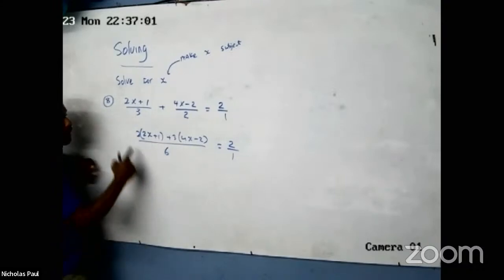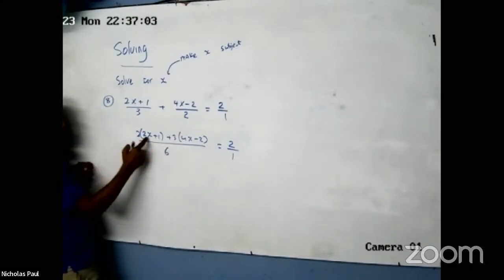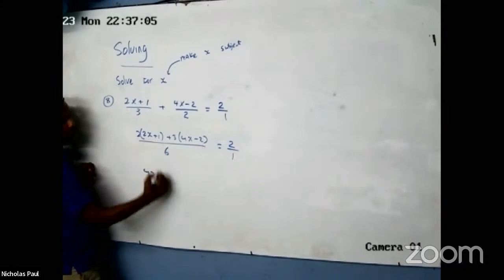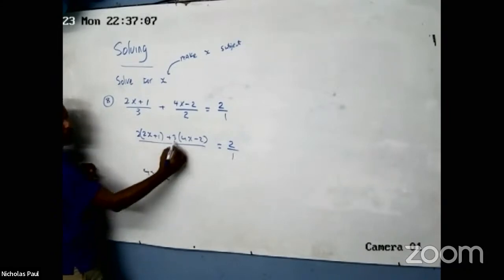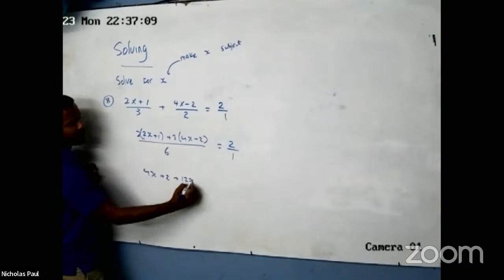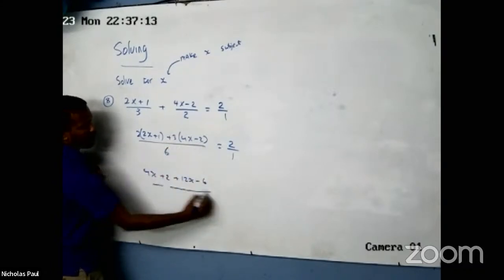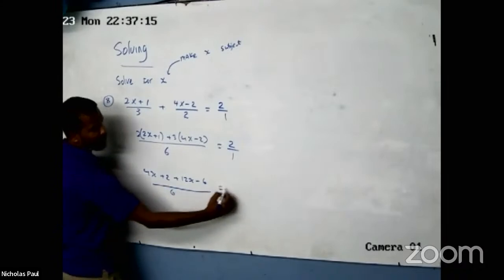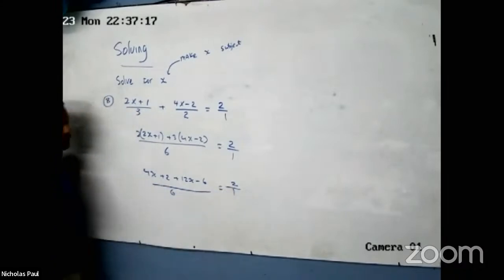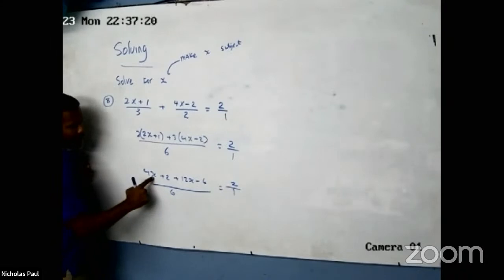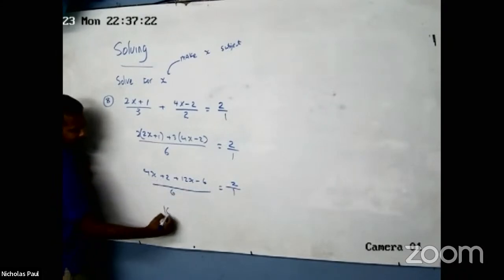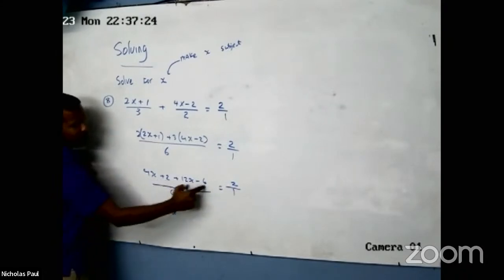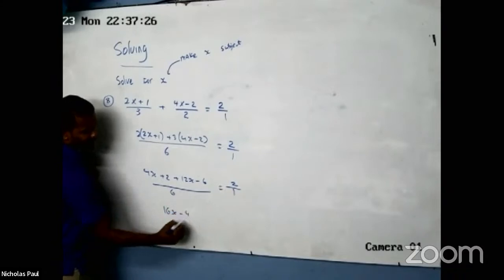Multiply this out, so you'll get 2 by 2x is 4x, 2 by 1 is 2, 3 by 4x is 12x, plus 3 by minus 2 is minus 6, all over 6 is equal to 2/1. 4x plus 12x is 16x. 2 minus 6 is minus 4.